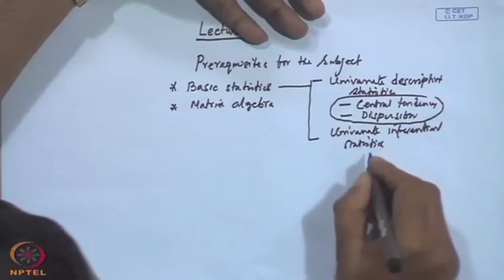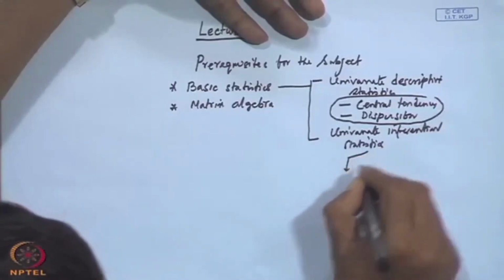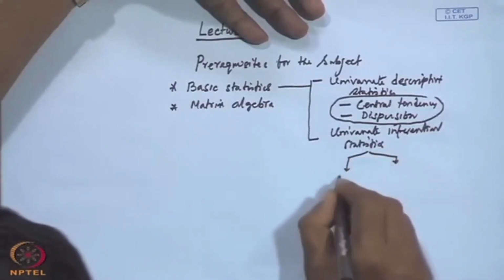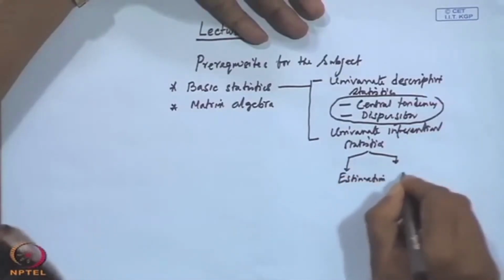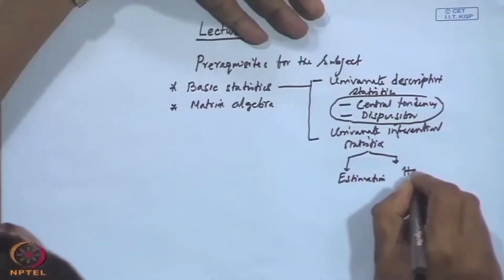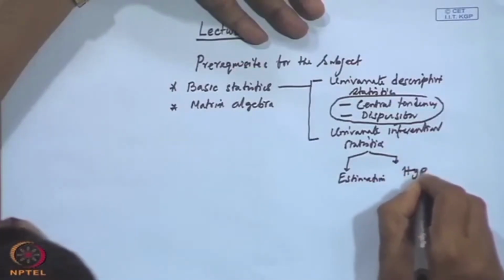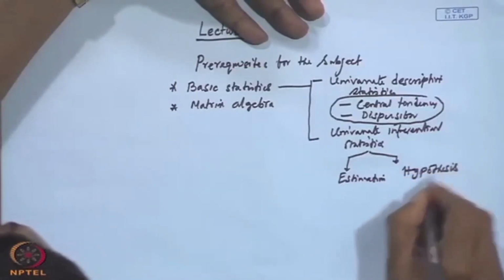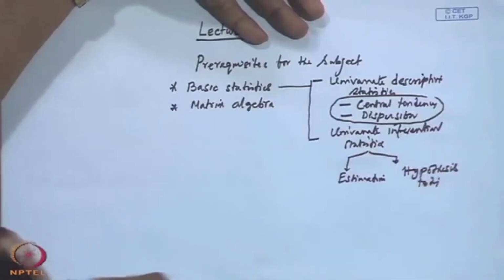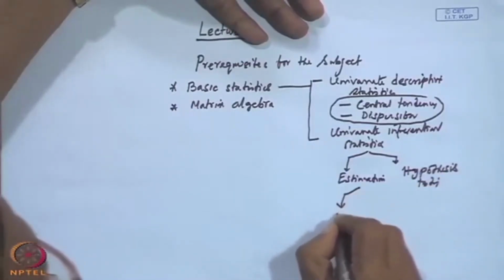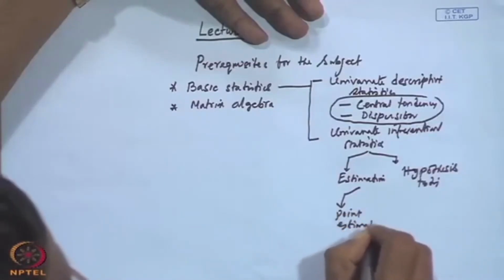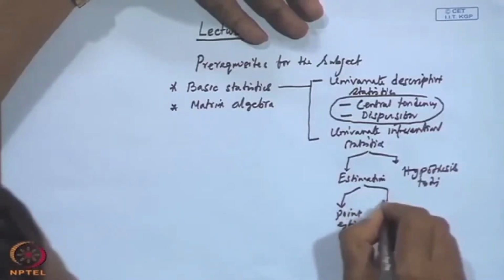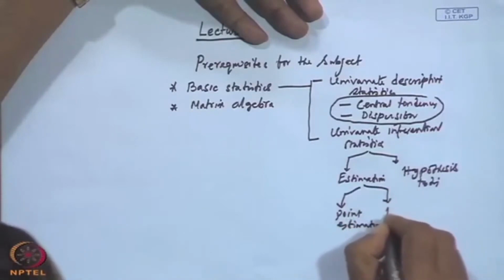Under inferential statistics, estimation and your hypothesis testing. Under estimation, there will be point estimation and interval estimation.